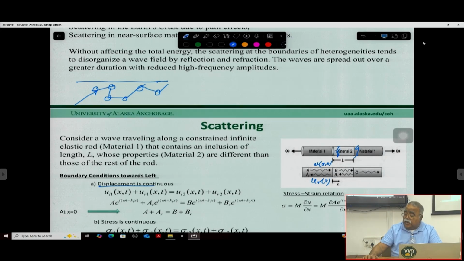So u_i1(x,t) plus u_r1(x,t) will be equal to u_i2 plus u_i2(x,t). I2 means the transmitted part. So this will be incident on this material. Some part will be reflected out, and some part will be transmitted, right?